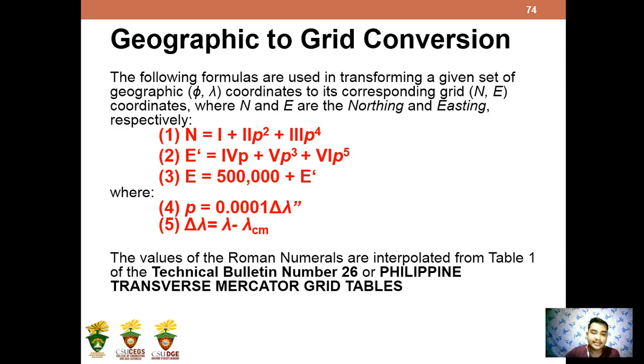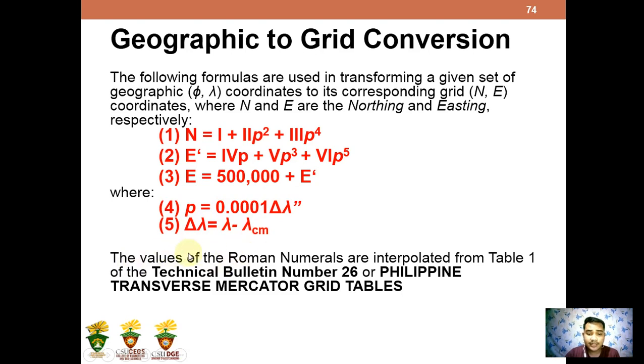And to get these things, atong adto ang nakuha na itong value sa E prime plus 500,000. And where p is equal to 0.0001 change in longitude nga naka-express into seconds. And to get the change in longitude, ang iyang formula is longitude nga given sa problem minus longitude of the central meridian.